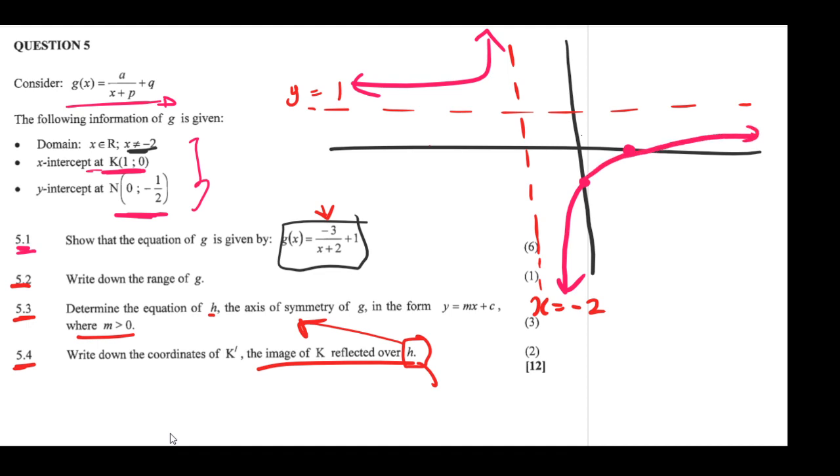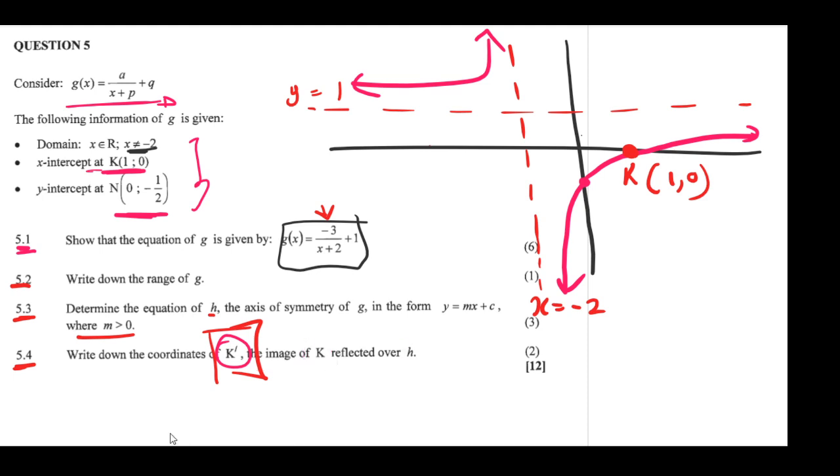So what's important is the value of k, k and k prime. Let me just use a different color. So here it's k. This point is for k, which is 1 and 0. And you want to identify this k prime, which is reflected over h. Remember, h, which is the axis of symmetry, is actually this one here, because it's the positive axis of symmetry.